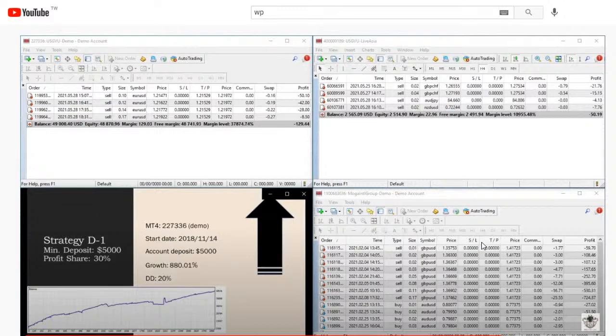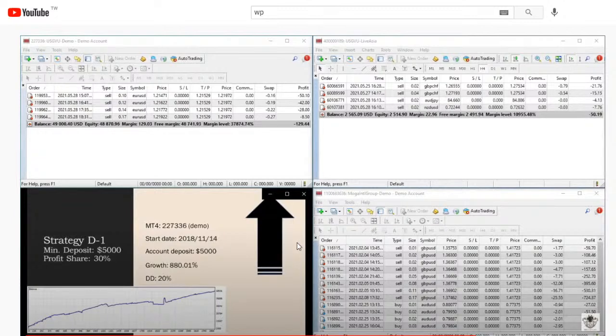This strategy started in 2018 with $5,000 initial capital. In 2021, we're looking at a total profit of 880% growth, with minimal drawdown, possibly less than 20%.